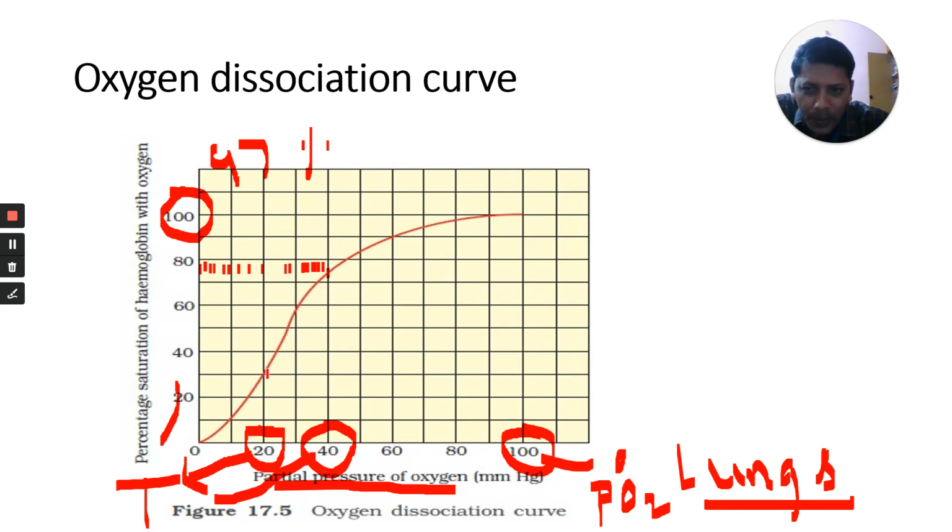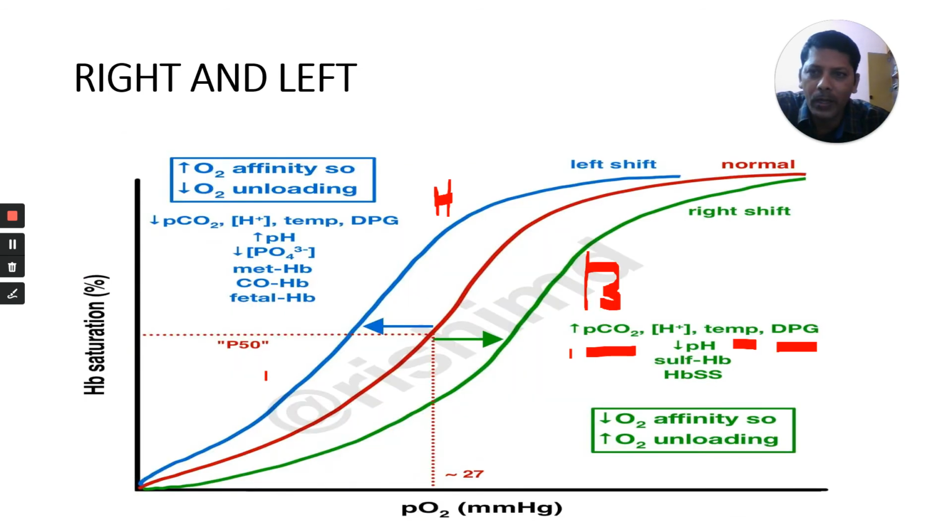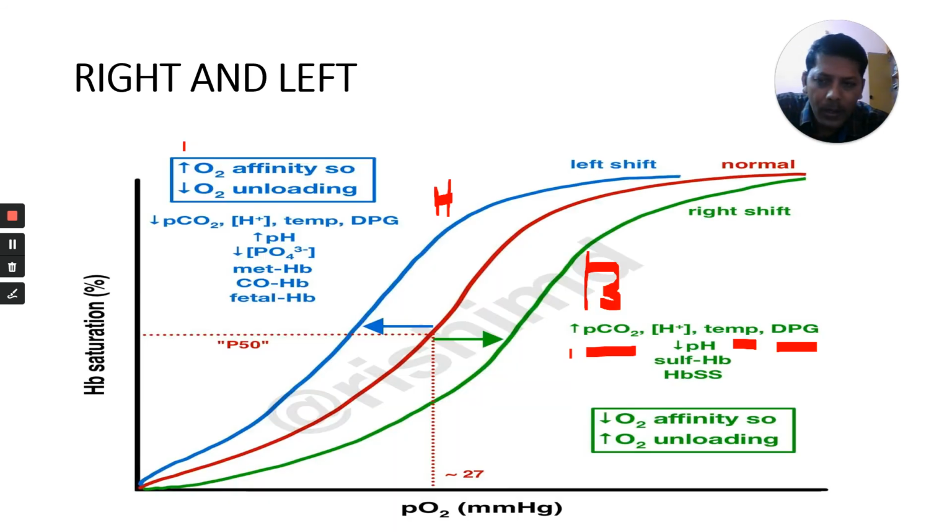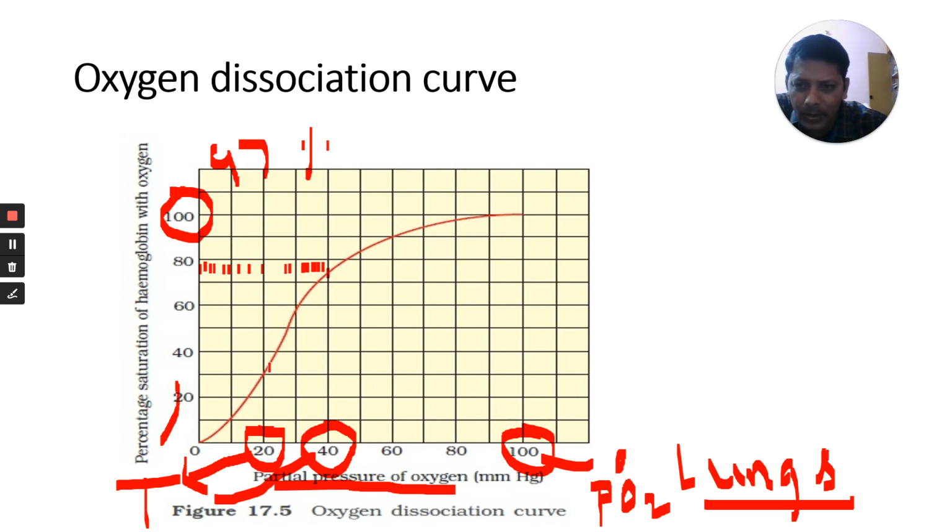The percentage saturation has dropped here. You can observe the percentage saturation is around 35%. That is the percentage saturation of hemoglobin.